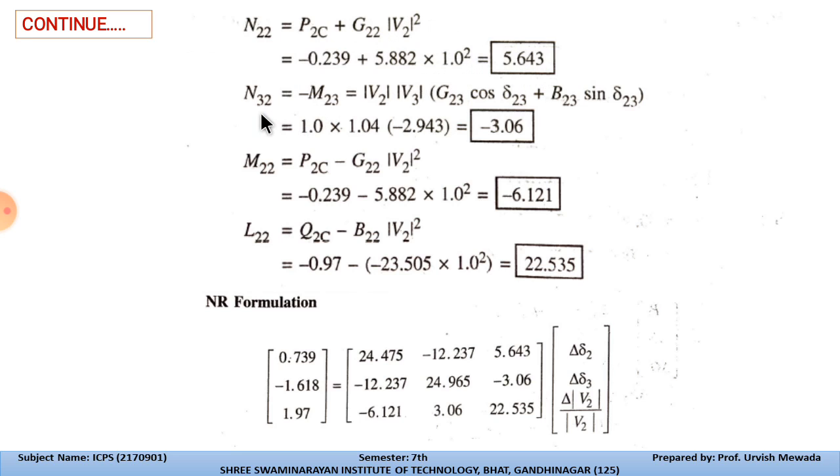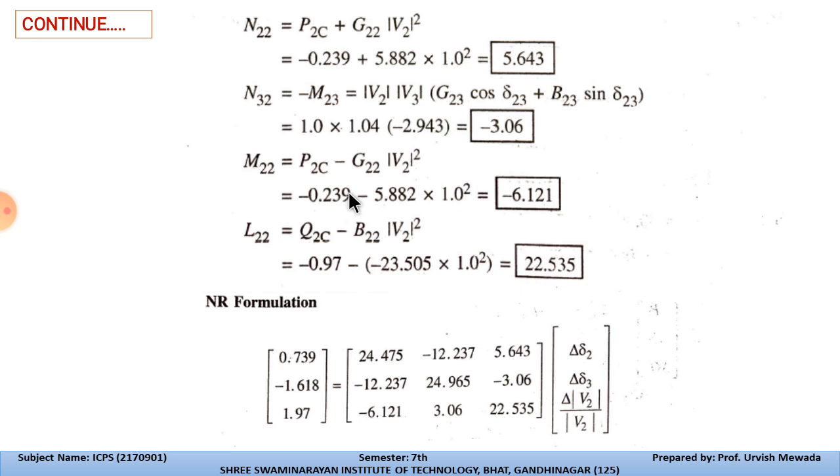Similarly for n32 it is minus 3.06, and for m22 it is minus 6.121, and L22 is equal to Q2C minus B22 V2 square. For that, the values we put over here are minus 0.97 minus 23.505 into 10 into 1.0 raised to 2. So that will be 22.532.